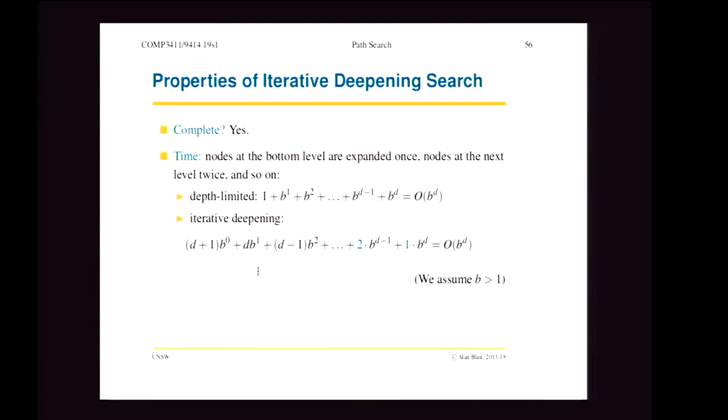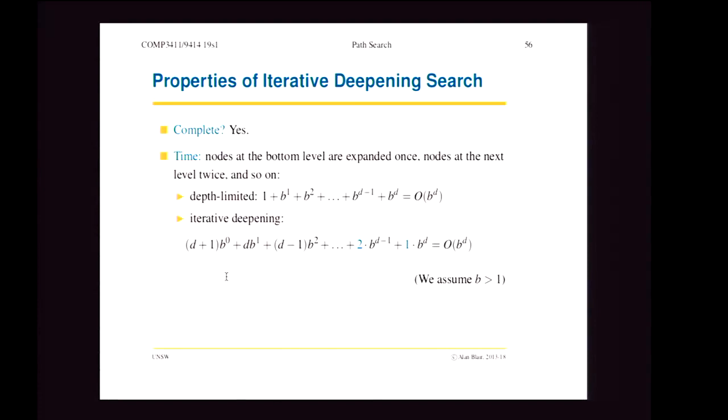Now, when we do iterative deepening, if the solution is at depth D, the root node will be expanded D plus 1 times. Nodes that are 1 step away from the root will be expanded D times, then D minus 1, and so on.